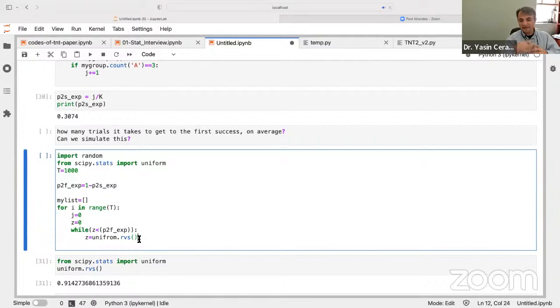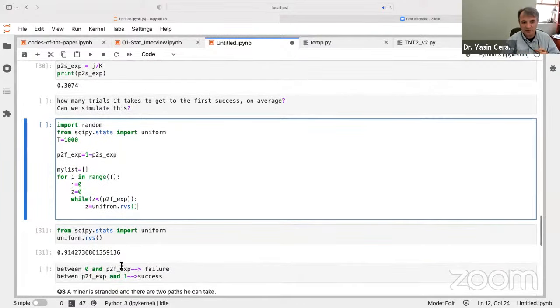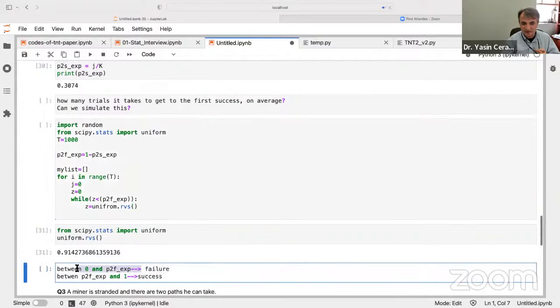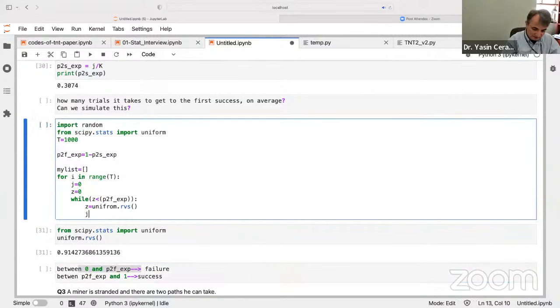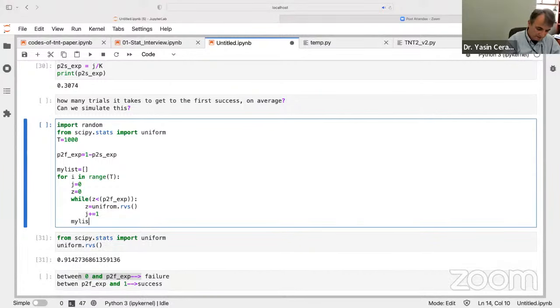As long as Z is less than the failure probability, it is considered a failure, so I will keep counting. I will keep incrementing J. J holds the number of times it takes for me to find a uniformly distributed random variable which is greater than the probability of failure. Then I will repeat this experiment 1,000 times. Let me append this J as I did earlier.